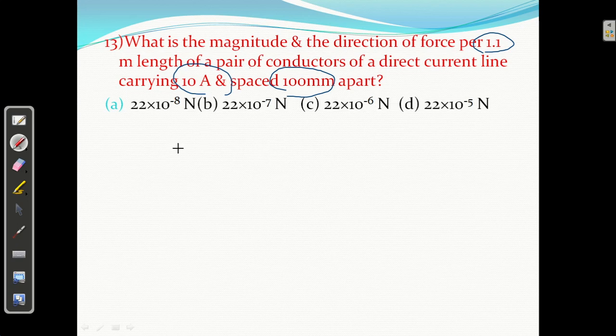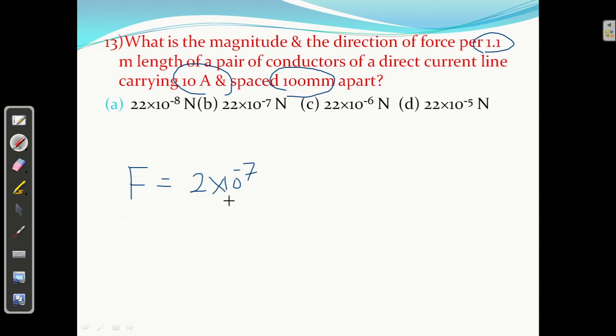So here, what is the magnitude of current? Force equals, if you solve it, you will get 2 into 10 raised to power 7. That is the formula we have.